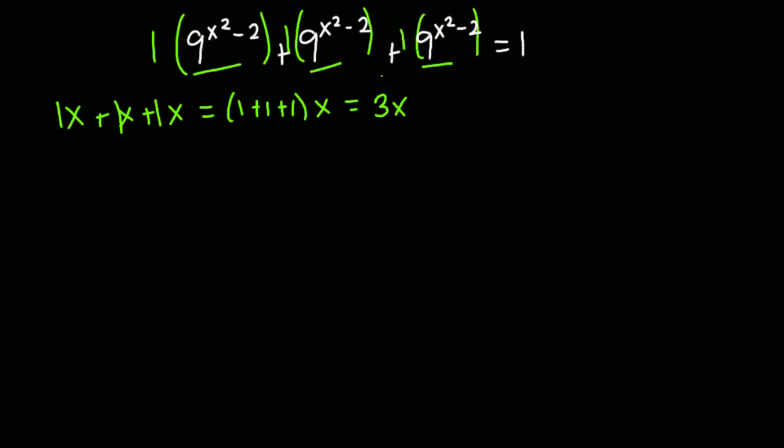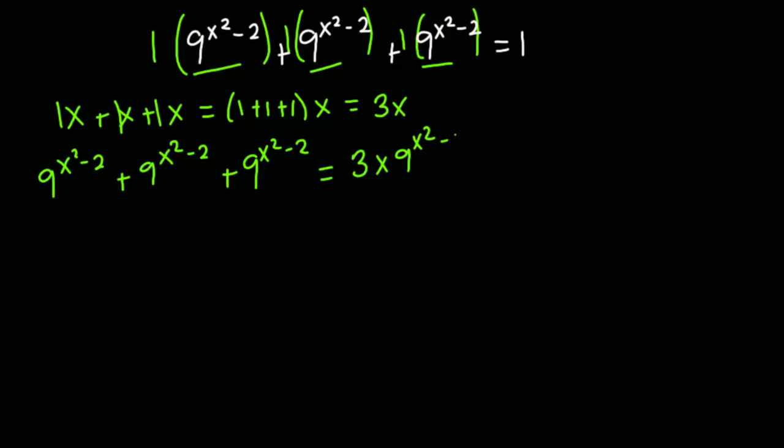So like we added the x, 9 exponent x squared minus 2 plus another 9 exponent x squared minus 2 plus lastly 9 exponent x squared minus 2 is the same as 3 times 9 exponent x squared minus 2, because the coefficients are 1. So 1 plus 1 plus 1 gives us 3. Then we'll multiply it with one of the 9 exponent x squared minus 2.